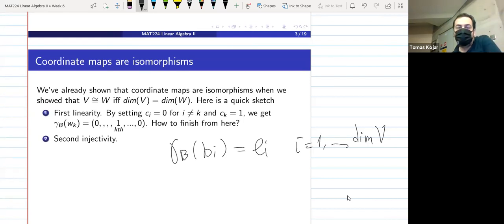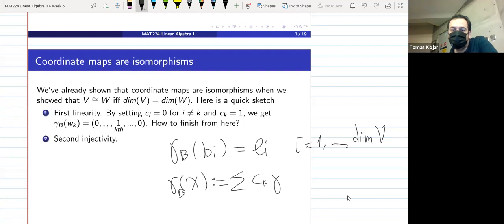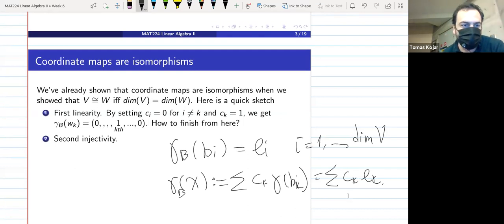And then we built arbitrary elements like Hushan said. You just define it as the linear combination of the bi's, with coefficients ck.